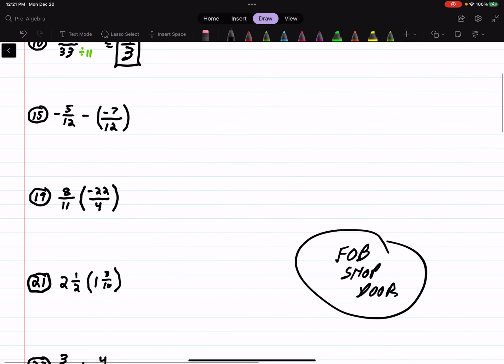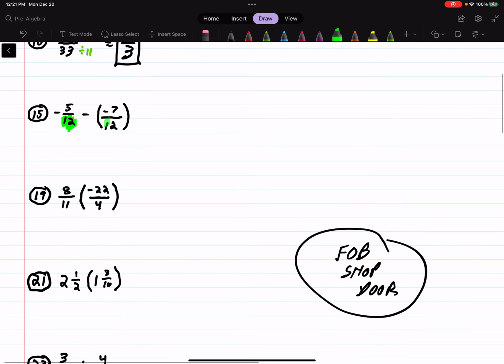Now, number 15, we're asked to add two fractions. The first thing you have to do when you add or subtract fractions is have a common denominator, and we see that we do. We already have that, so we really just have to do what the top part of the problem says.